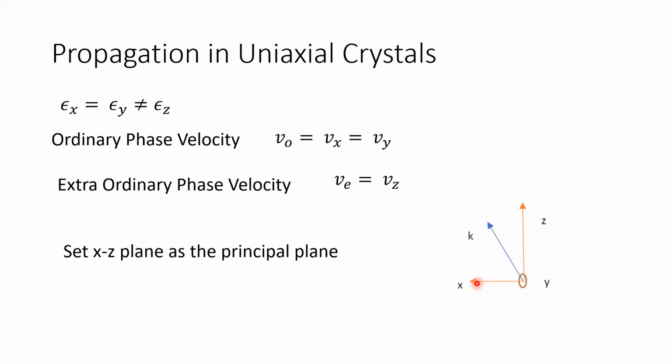Now, when you go to the x and y axes, we notice that in this uniaxial crystal the x and y properties are symmetric. That means we can put our x and y coordinates in any way we like. The only constraint is that they have to be perpendicular to the optic axis, because z is already along the optic axis. In particular, we pick the x-axis such that it's inside the plane containing z and k.